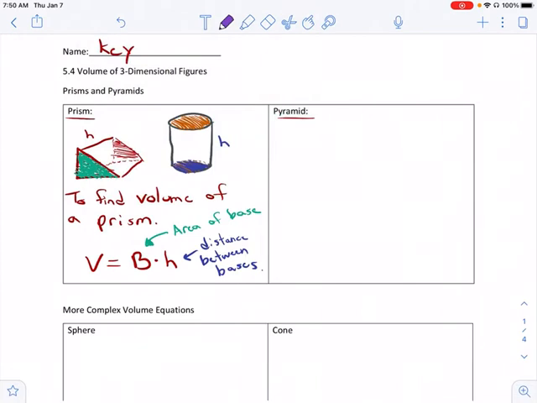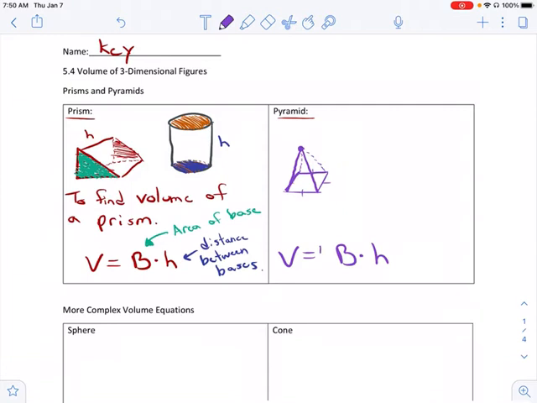Pyramids are probably what we're expecting. We'll create a square-based pyramid right here. For the volume of a pyramid, I'm still going to have base times height, where I'm using a capital B to represent the area of the base, and H is still the height of my pyramid.